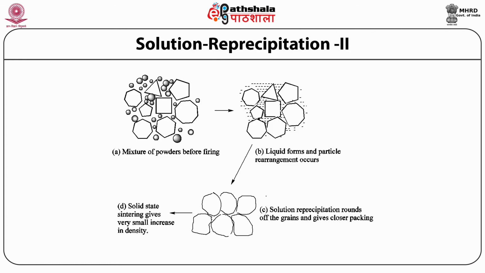The concentration of solid species near these less sharp corners increases beyond the equilibrium value and the excess deposits on the solid particles. This causes rounding off of the sharp particles, which can then come closer together, leading to a further increase in density.